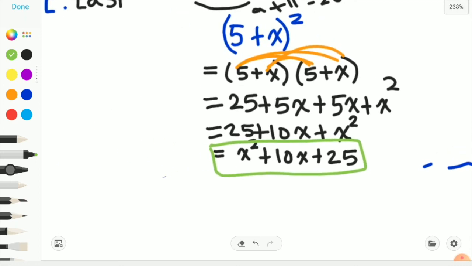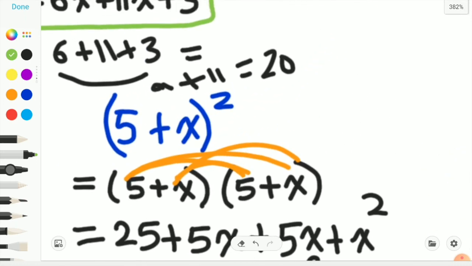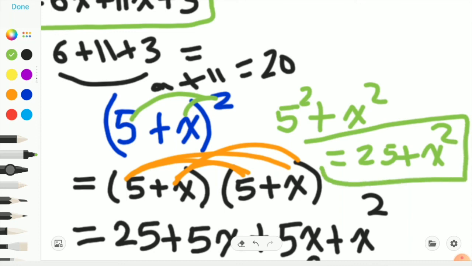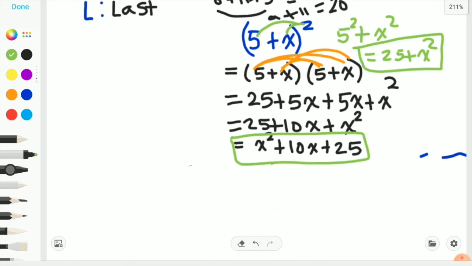And I don't know if you notice, but if you were to distribute these exponents like that, that would give you 5 squared plus x squared, which is equal to 25 plus x squared, which is wrong. If you compare it to this, you see how much more different it is? You literally missed this whole middle term.